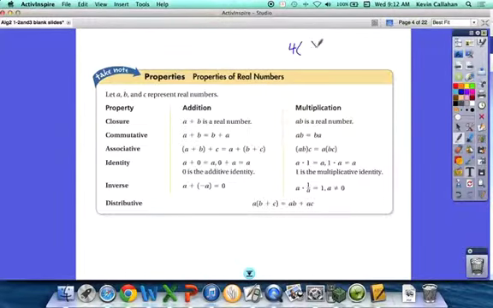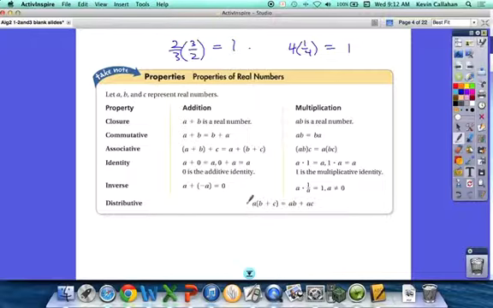Four times what equals 1? 1/4. What would I multiply times 2/3 to get 1? 3 halves, right? So the multiplicative inverse, also known as the reciprocal, is flip it, right? Flip it. So I know you've had that before.